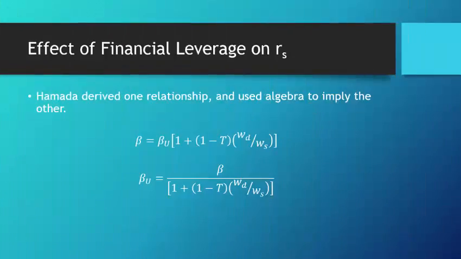In this instance, I'm going to take the actual beta that I've observed and put it in the numerator. I'm going to take the tax rate that I'm assuming of about 35%. I'm going to take the WD and the WS from the target, because those target debt to equity should yield my original beta, and the tax rate of 35%. So that's what I'm going to be using as my inputs, just so you know where everything's coming from. We're going to be using this second equation.